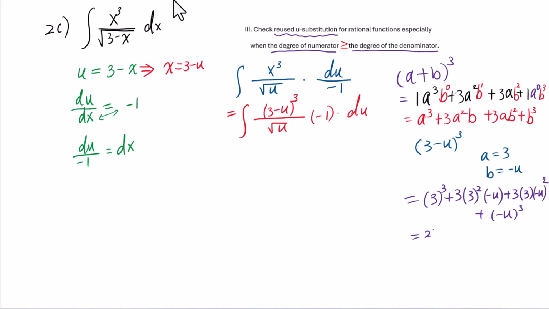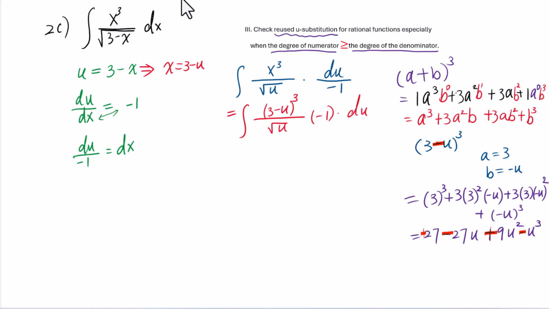Organize: 27 minus 27u plus 9u squared minus u to the third power. When this is a negative, you will get the terms positive, negative, positive, negative.